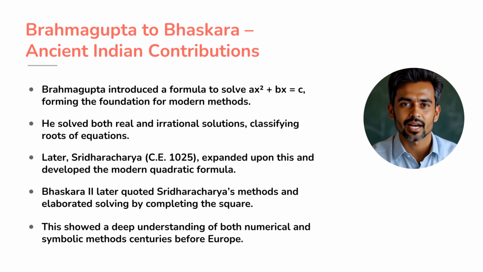This formula, as refined later, is x equals negative b plus or minus square root of b squared minus 4ac, whole divided by 2a. This was centuries before Europe developed similar techniques, a proud heritage of mathematical brilliance.